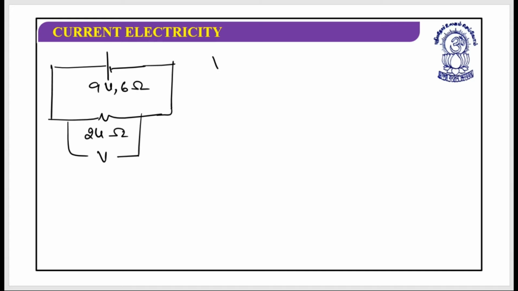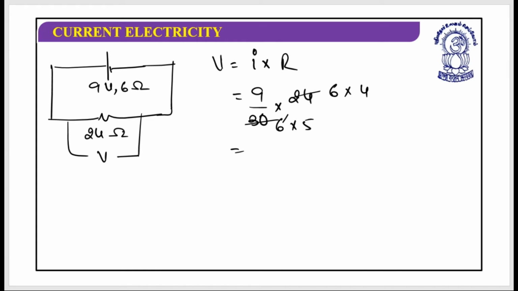So what I can do, V is equal to I into R. My current is 9 divided by 30 ampere multiplied by 24. 6 fours are 24, and 6 fives are 30. So this has gone. 9 fours are 36 by 5. It's 7.2 volt. This is the voltage that we required.